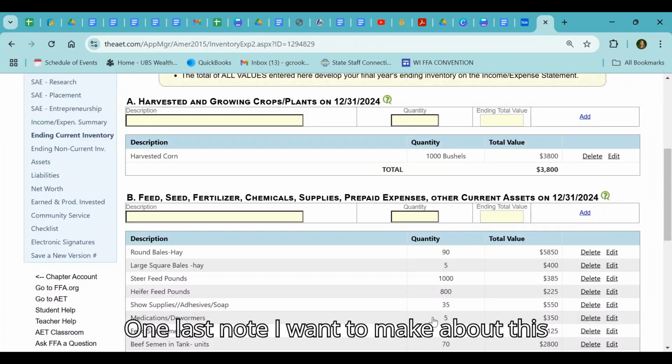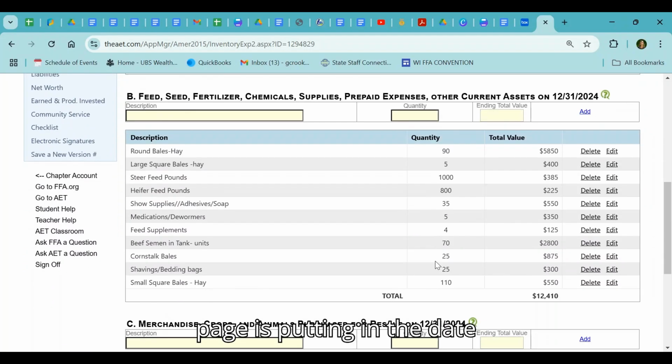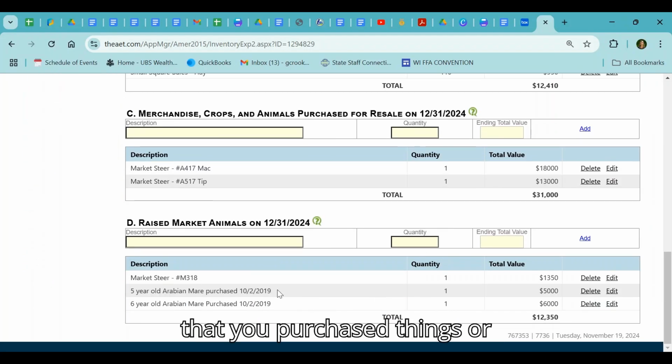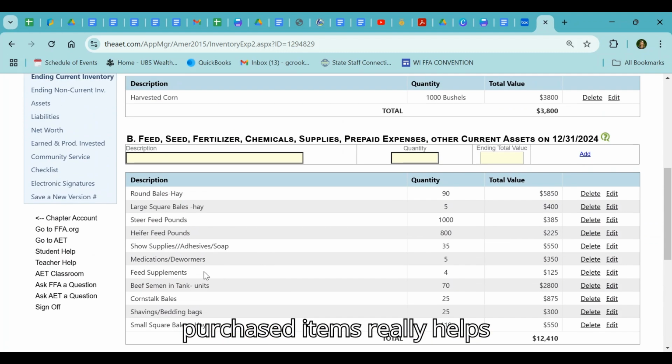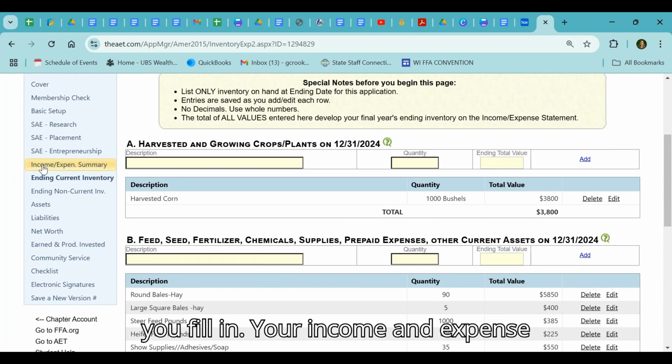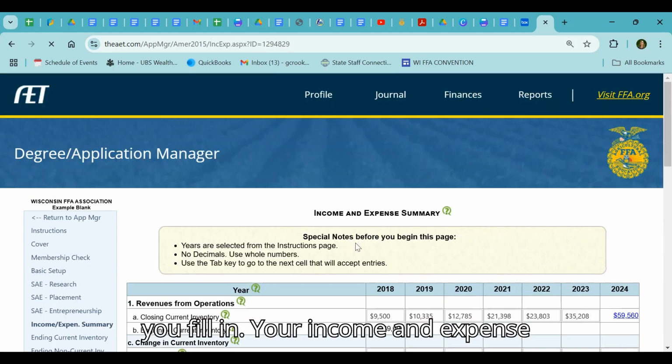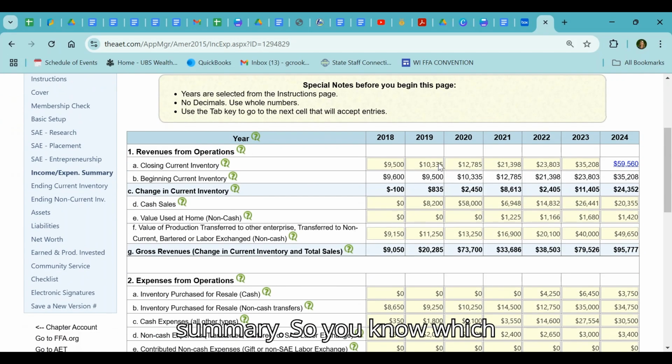One last note I want to make about this page is that putting in the date that you purchased items really helps you fill in your income and expense summary, so you know which years you should see an increase in your current inventory, especially for the horse situation.